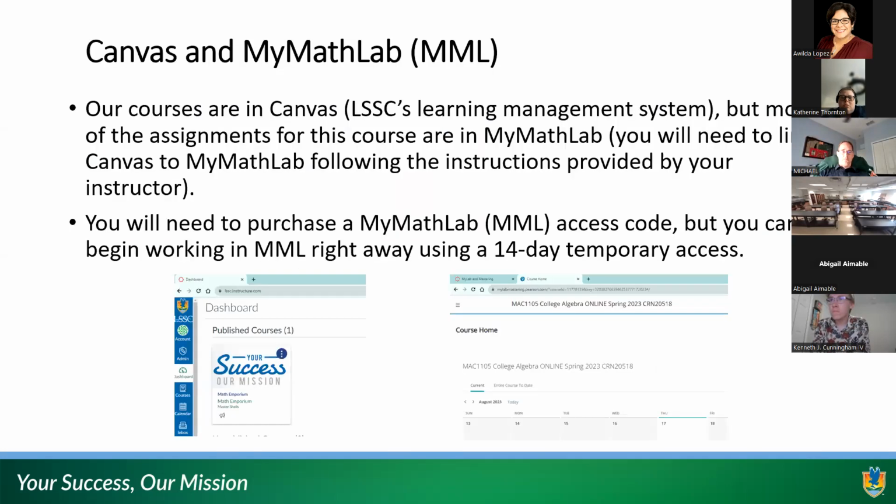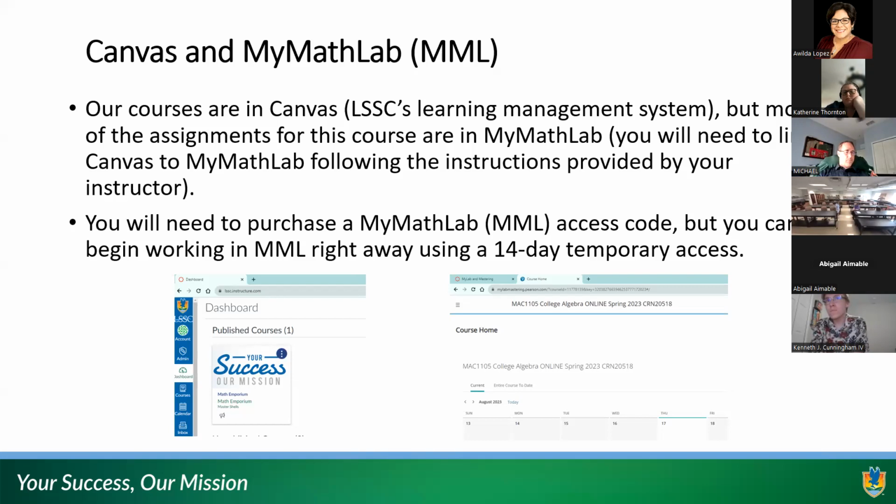We have 2 different platforms that work together to deliver your online math course. Canvas is our college's learning management system, and MyMathLab is a secondary platform run by Pearson, a publisher, and the 2 work together to give you the content for the course.